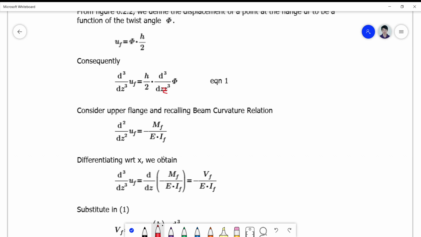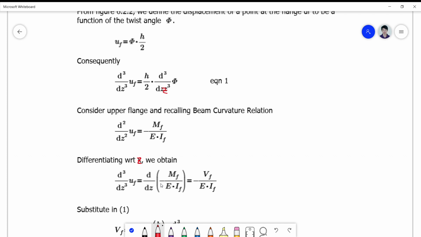So differentiating it with respect to z one more time, since your variable of consideration a while ago is the z variable, we obtain the third derivative of uf equivalent to the first derivative of the moment curvature parameter Mf over EIf.